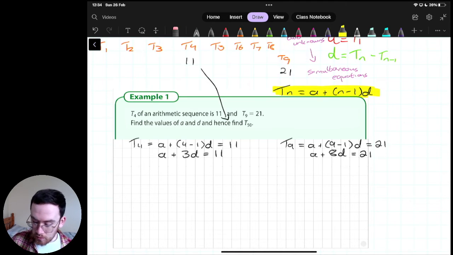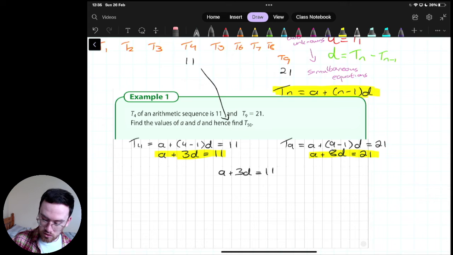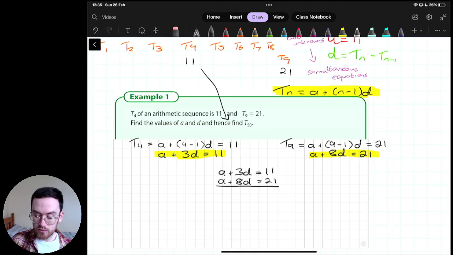So what we have now are our two simultaneous equations: a plus 3d equals 11 and a plus 8d equals 21. We can write those as we would our simultaneous equations, one on top of the other. The first thing we want to do is eliminate one of the variables, so we want to get rid of one of these letters. So we'll take one of the equations and multiply it by minus 1.